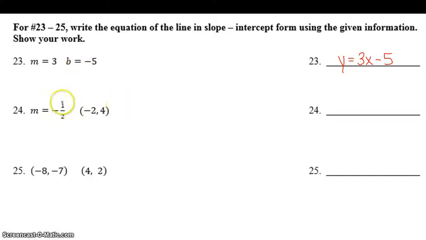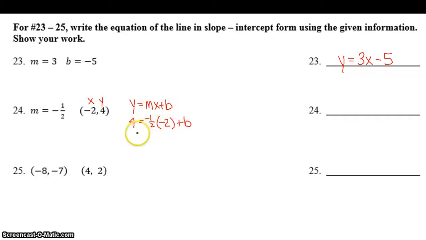These you do, because you're given a slope and a point, but the point is not the y-intercept. So then I'm going to use y equals mx plus b. Use this as my x and my y, so I can solve for b. So y is 4, m is negative 1/2, x is negative 2, and we don't know what b is.